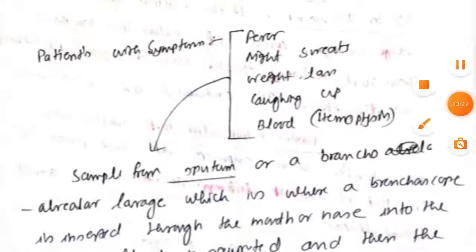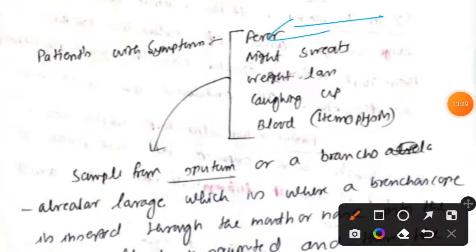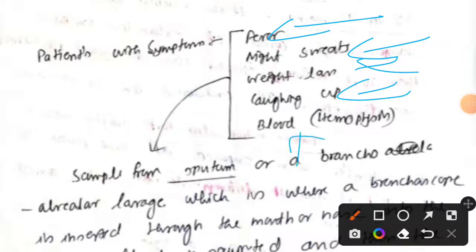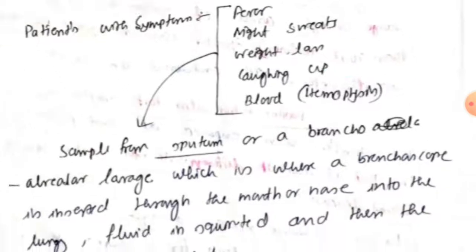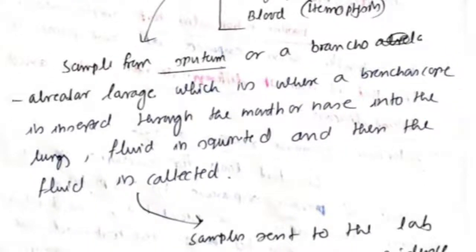Along with that, if you have a patient with fever, night sweats, coughing, weight loss, and blood, that is hemoptysis, then take a sample of sputum or bronchoalveolar lavage, that is, you have to take a sample from the lungs, and for this you use a bronchoscope inserted through the mouth or nose into the lungs.